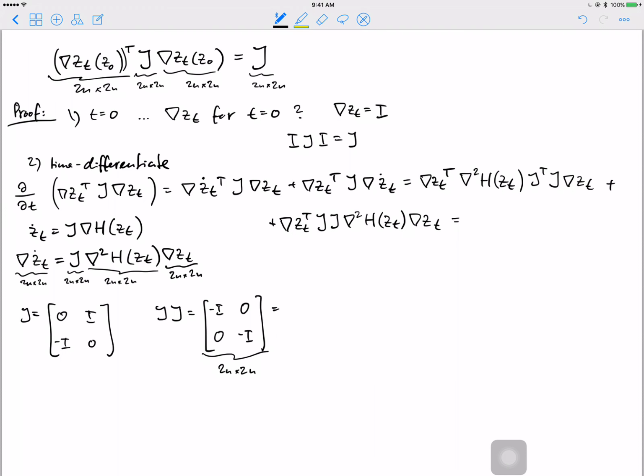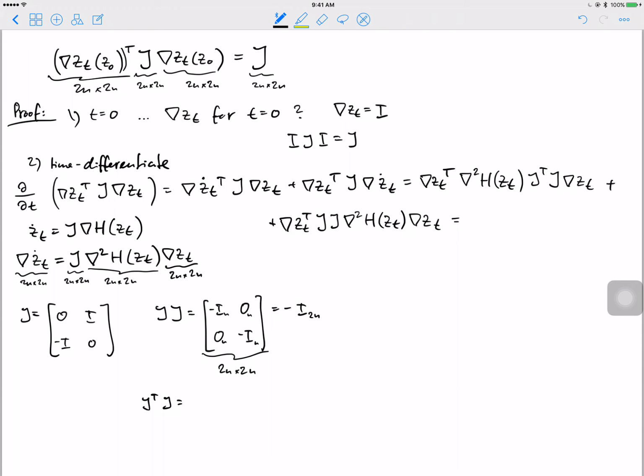I can write it like this, like minus I. Some people write 2n and n here to make it clear what the dimensions are, but spare me doing this and just infer the dimensions. So that's what J times J is. Now what is here? Here we have this guy J transposed J. All right. So what is J transposed J?